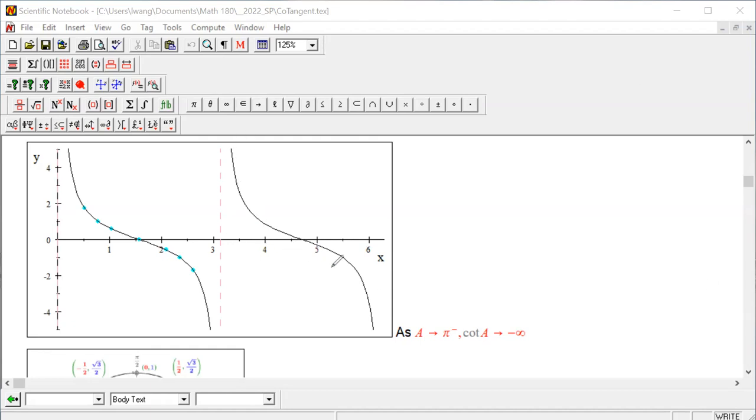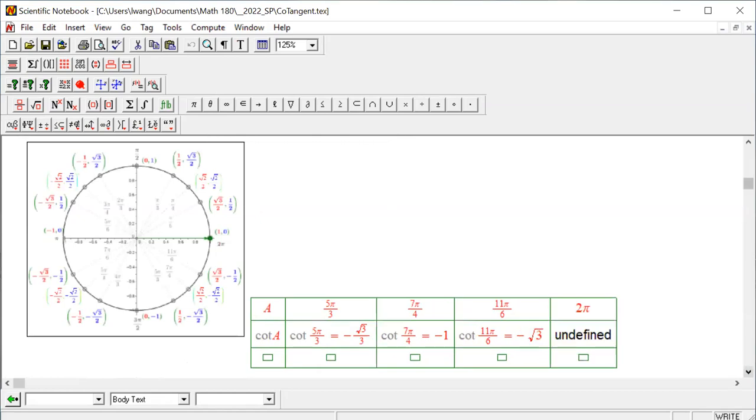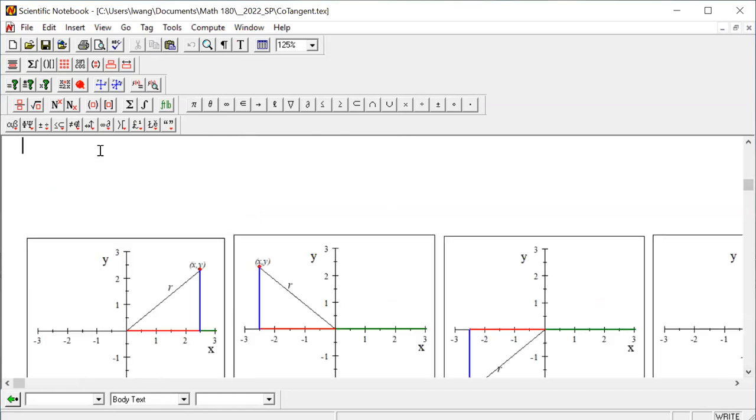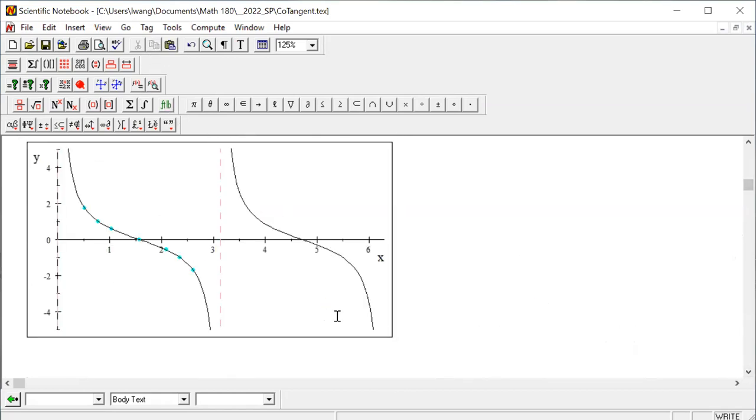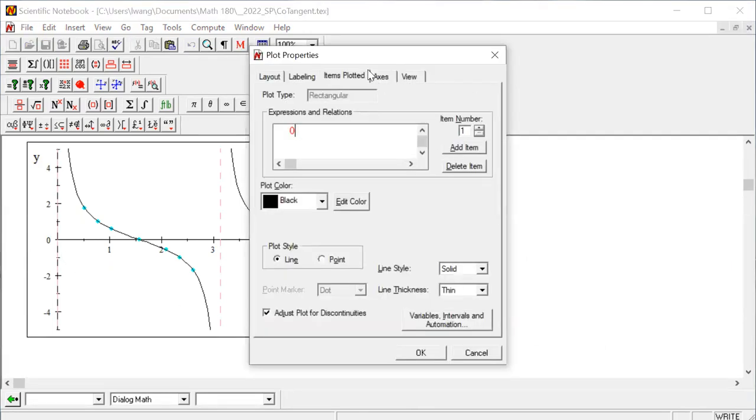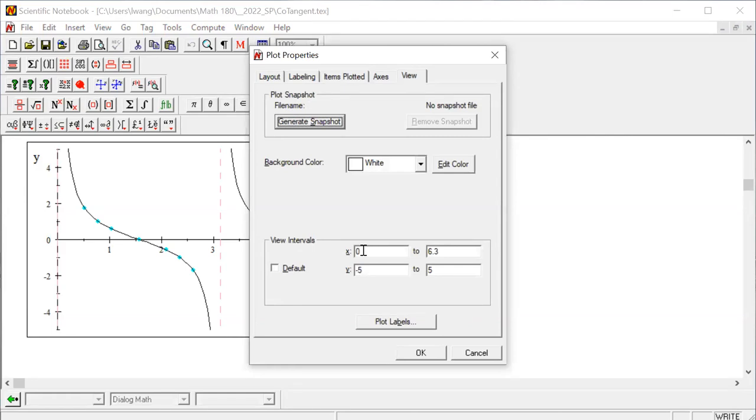It's going to be another similar process, repetitive. On the other side, what about cotangent on the negative side? So let's look at the negative side.